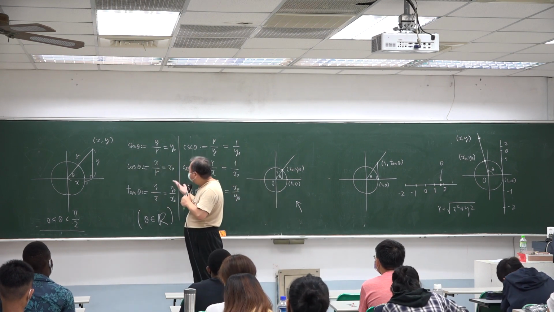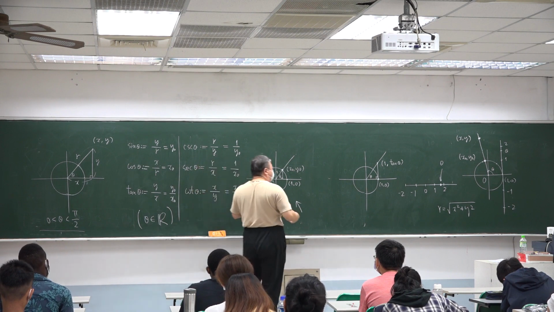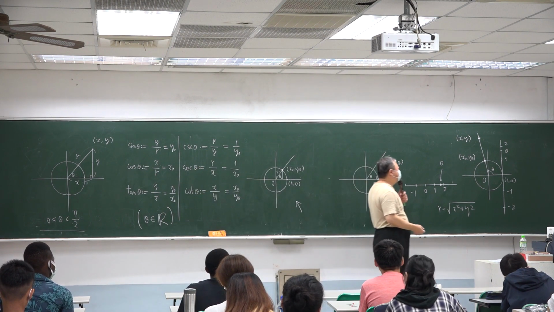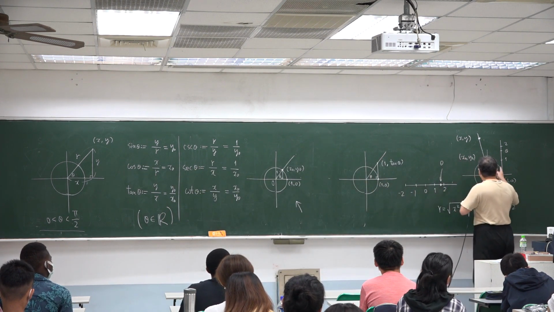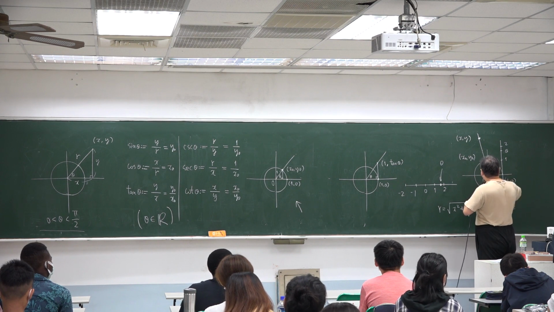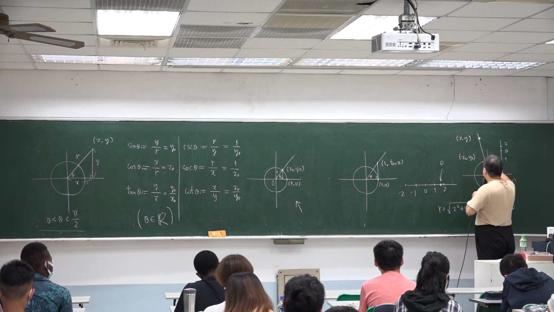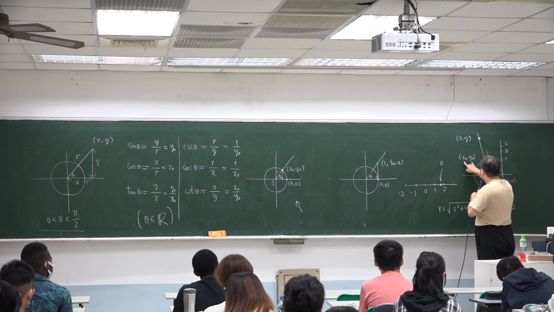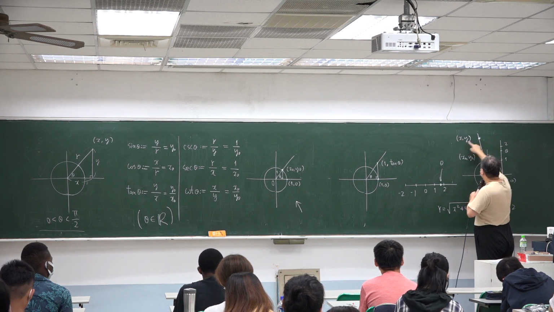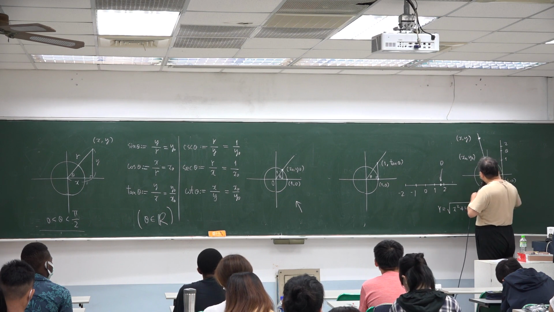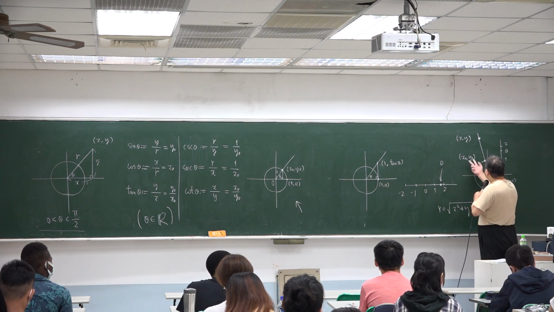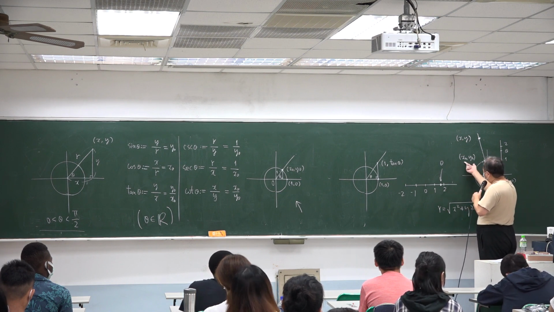Once theta is given, then a position of this circle is determined, and whose coordinates or this one will, yes, be completely determined.